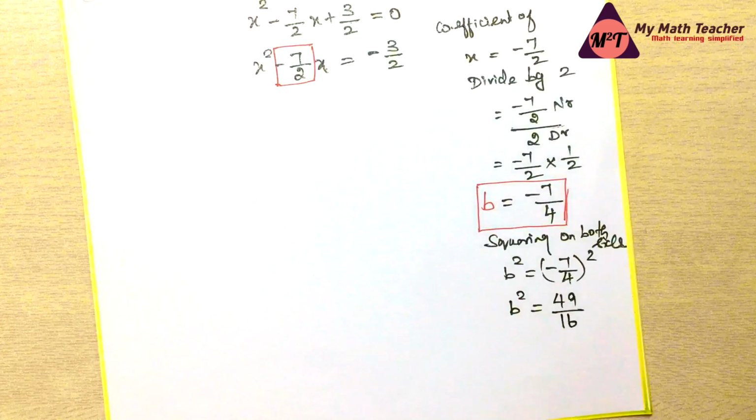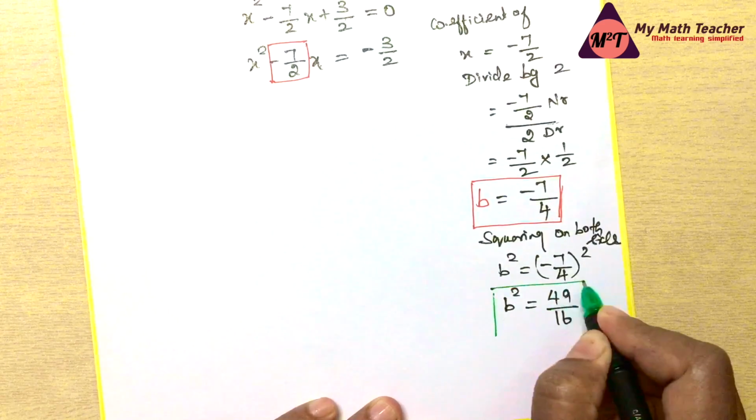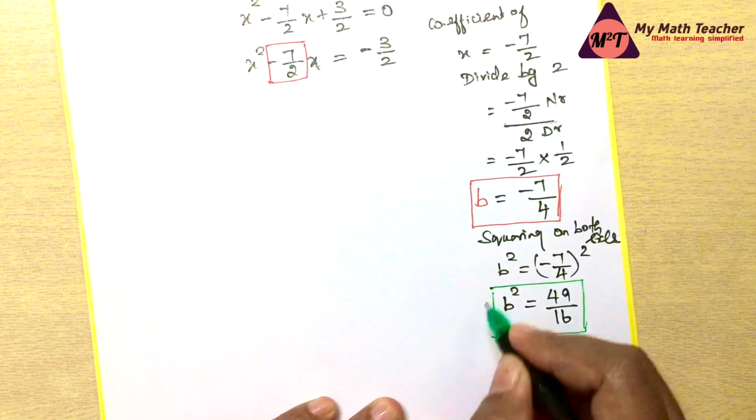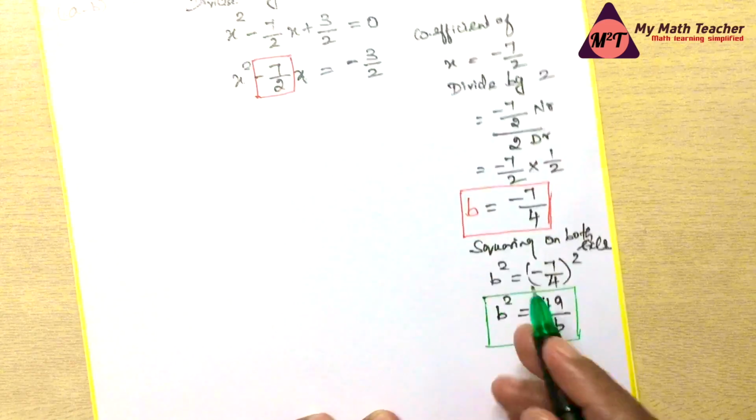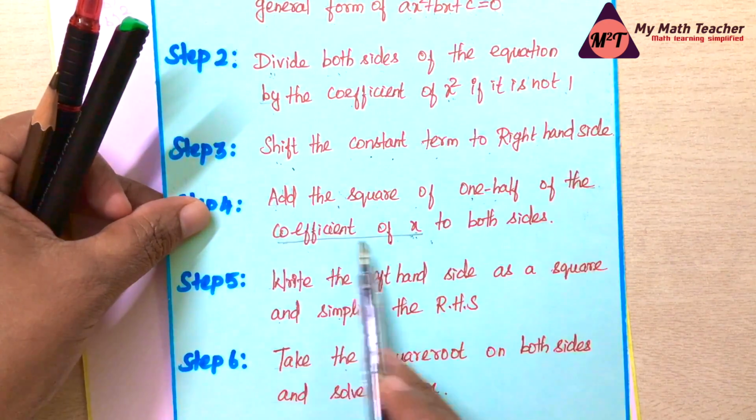Here this one again I am highlighting with the other color. This is in green now. Okay, so the color coding is to avoid the confusion. Add the square of 1/2 of the coefficient to both the sides.